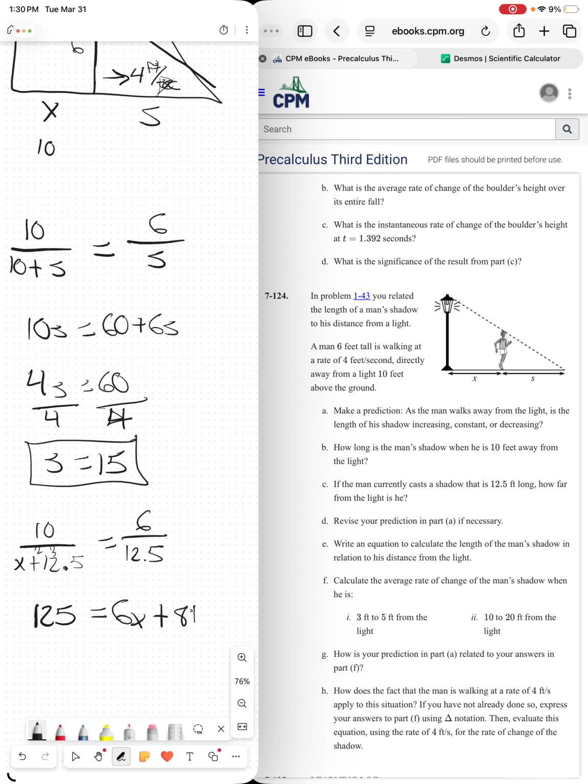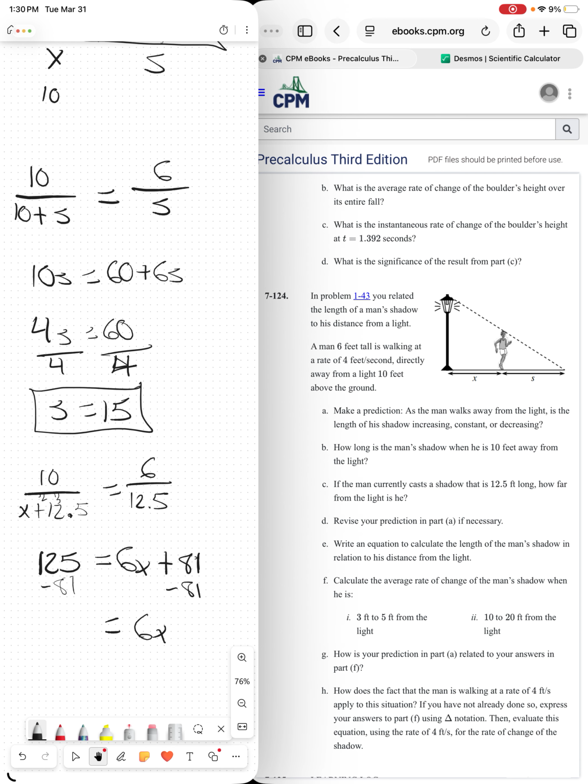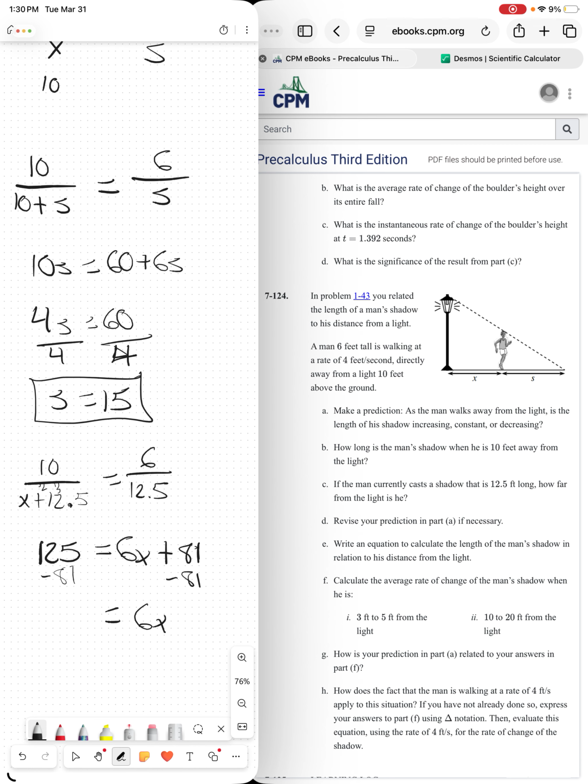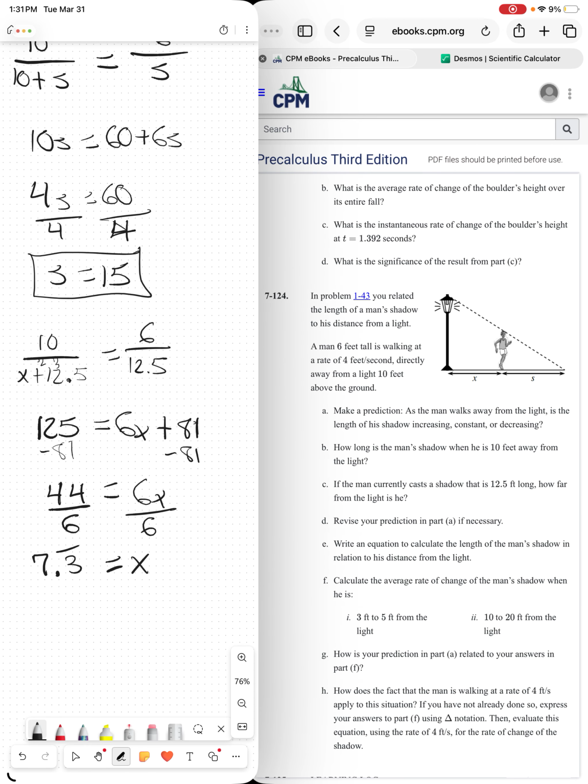Then subtract 81. You'll have 6X equals 44, and divide by 6. And X equals 7 1/3, 7.3 repeating feet away from the light.